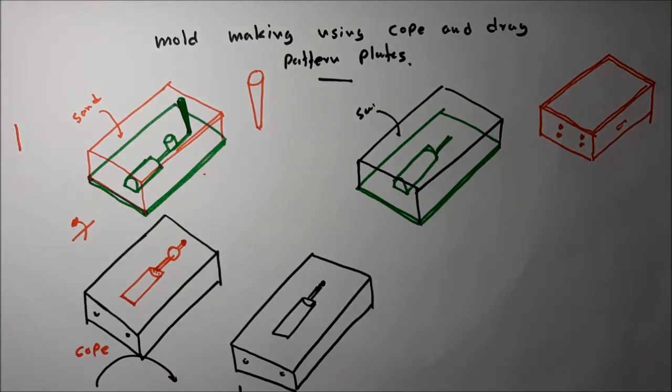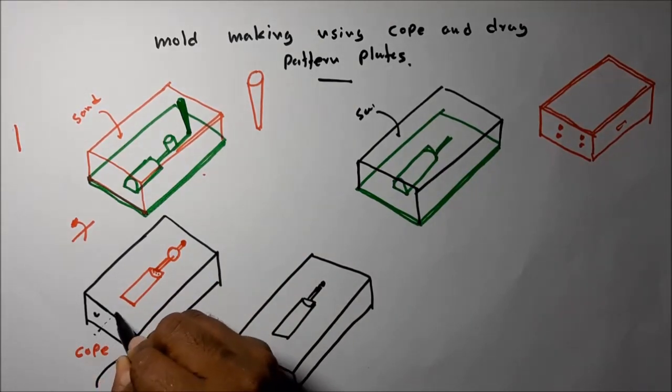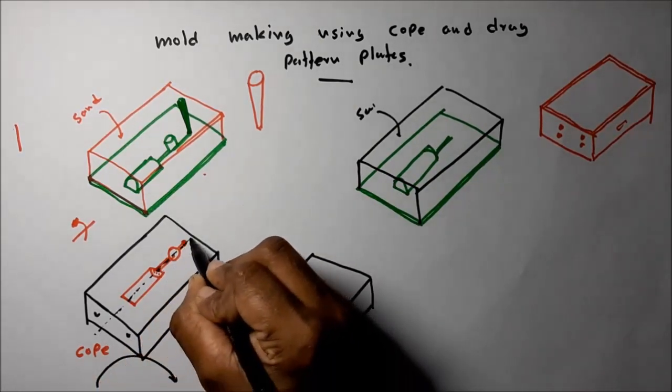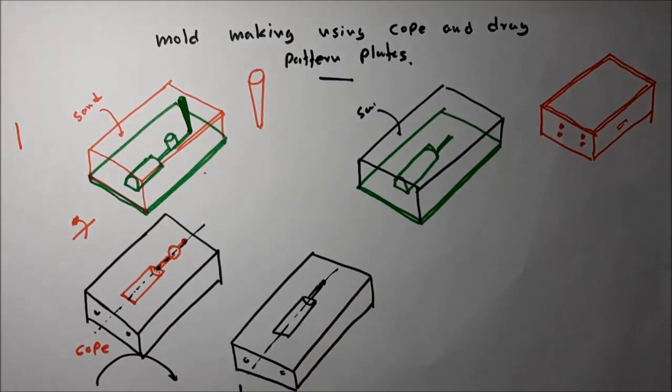I will draw the cross-sectional view. After completing the mold cavity, I will draw the cross-sectional view through this line. Something like this we have.